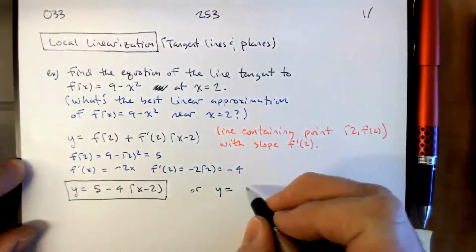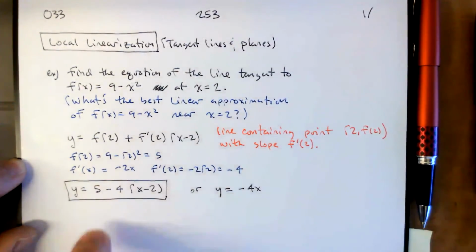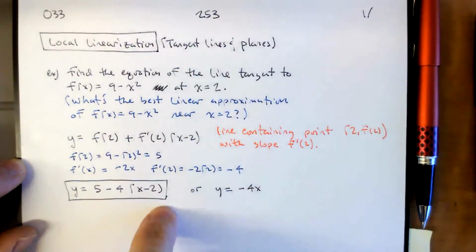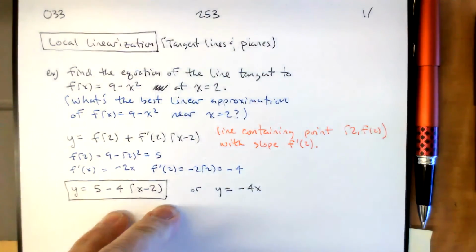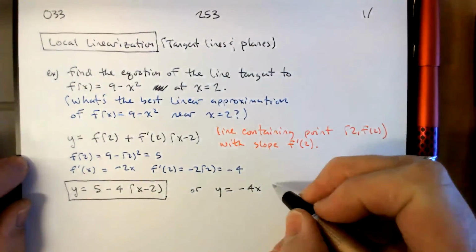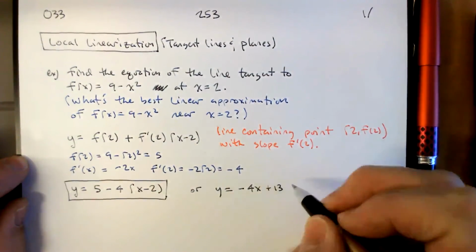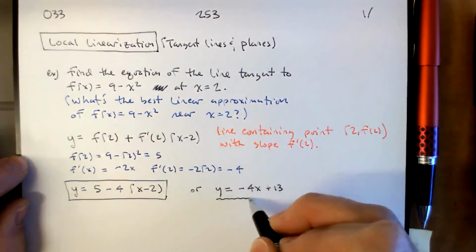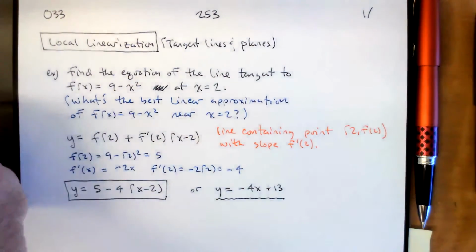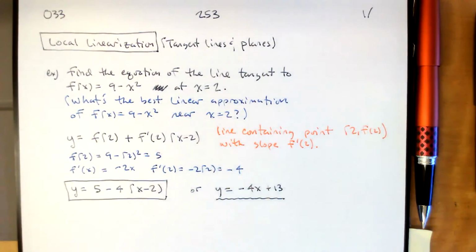So I have a minus 4x, and then 5 minus 4 times, the minus 4 times minus 2 is going to be plus 8, and 5 and 8 is like 13 or something. This is telling us that the y-intercept of this line is 0, 13. Who cares what's going on when x is equal to 0?